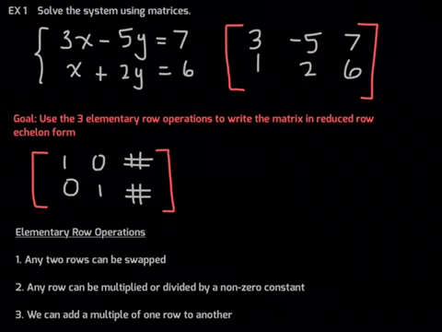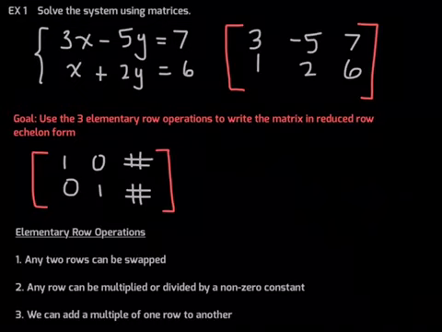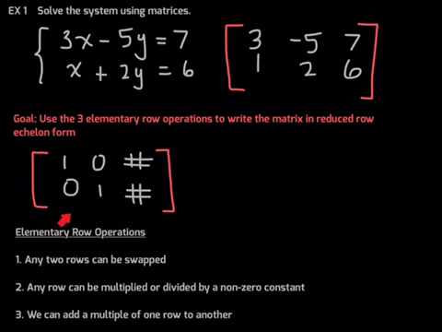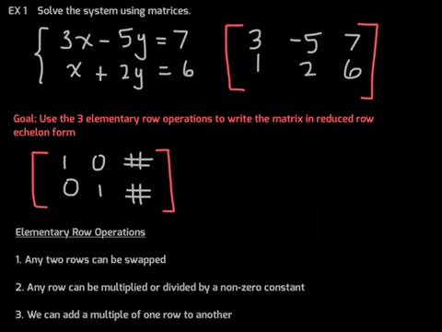We can add a multiple of one row to another row. We'll be using that operation often. So these are the 3 things that you're able to do to your matrix in order to get it in reduced row echelon form. All right, so here we go. I'm going to start with my matrix here and perform some operations on it in order to get it to look like reduced row echelon form.